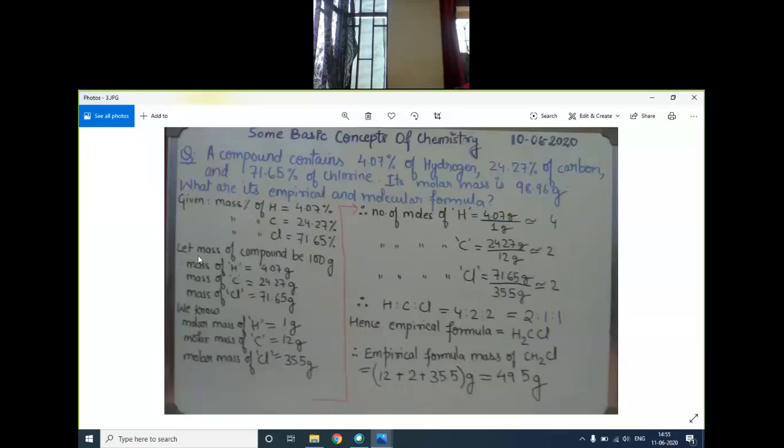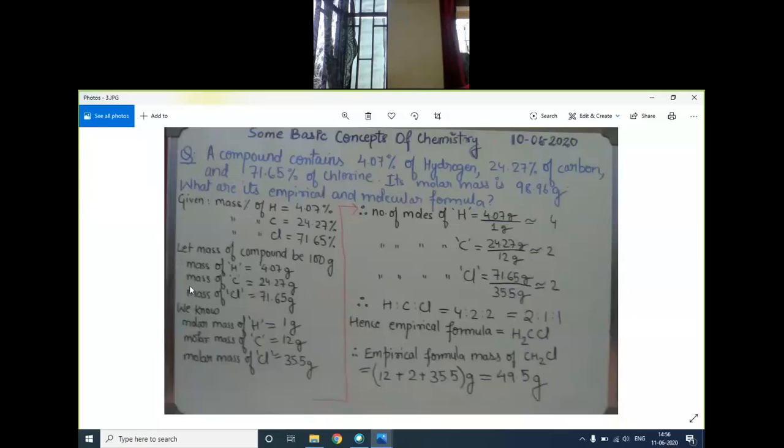So we take the mass of compound to be 100 gram, then the mass of hydrogen will be 4.07 gram, mass of carbon will be 24.27 gram, and mass of chlorine will be 71.65 gram. From percentage, we are getting the mass.